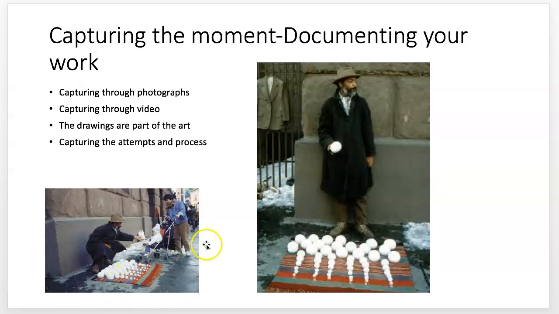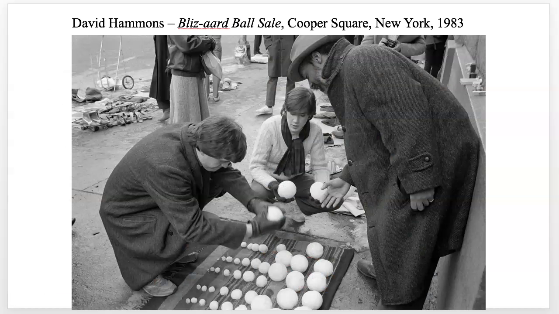This is a piece called Blizzard Ball Sale by David Hammons. It's a performance art piece where he has a blanket set up with snowballs and he's selling them on the street in New York City by size. It's a funny way to talk about value and peddling your wares in the street, like what happens in New York, and also the act of commerce and transaction between artists, the public, and collectors.